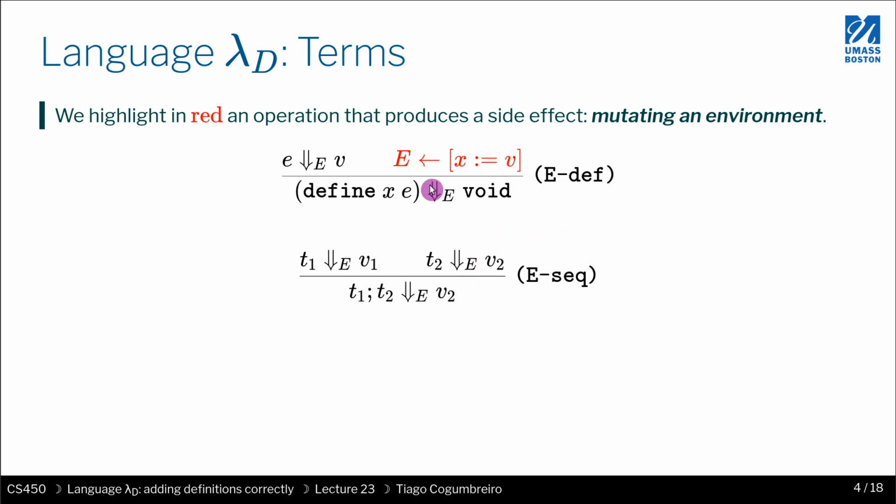Now for a define, what do we do when we see a define? The idea is we're going to evaluate this expression, and then in the current environment, which is given by E, we're going to update X with the result. Let's say that before there was some value, and now we want to update it. How do we do this?